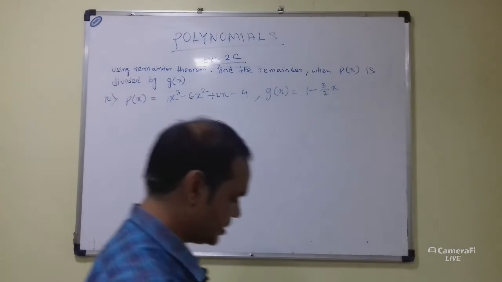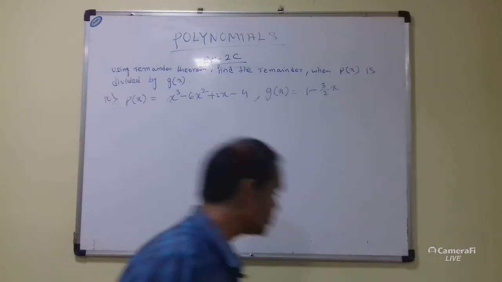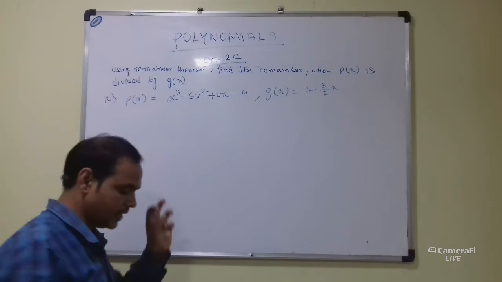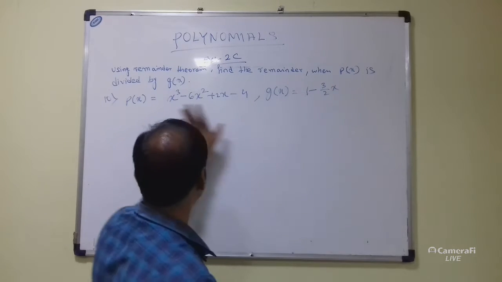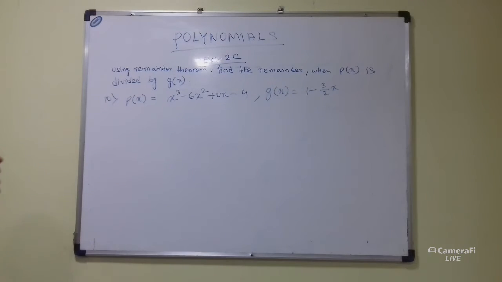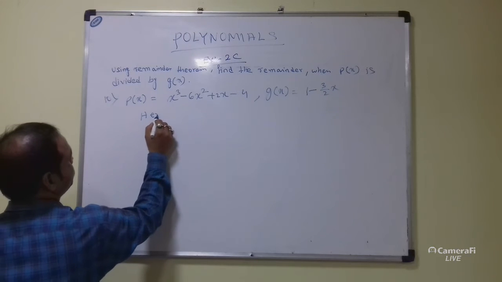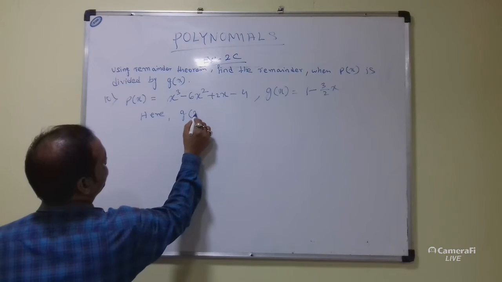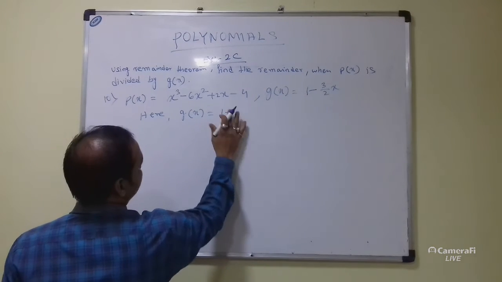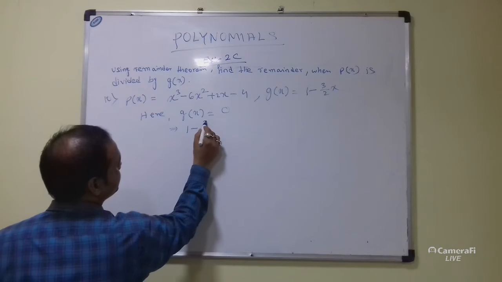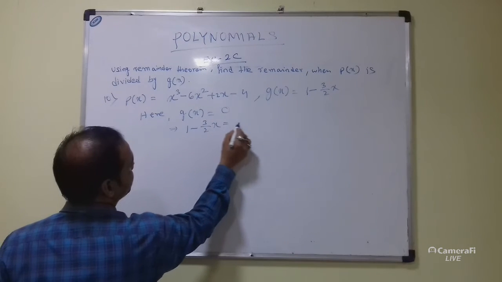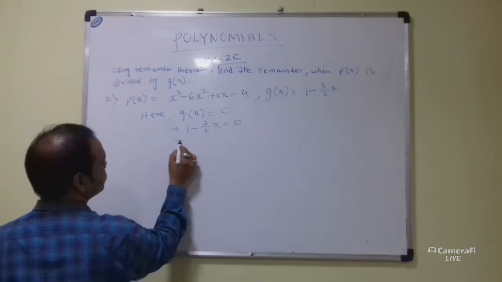G(x) looks complicated, but it's not so complicated. G(x) is 1 minus 3 by 2x and P(x) is x cube minus 6x square plus 2x minus 4. Here G(x) is equal to 0, so 1 minus 3 by 2x is equal to 0.